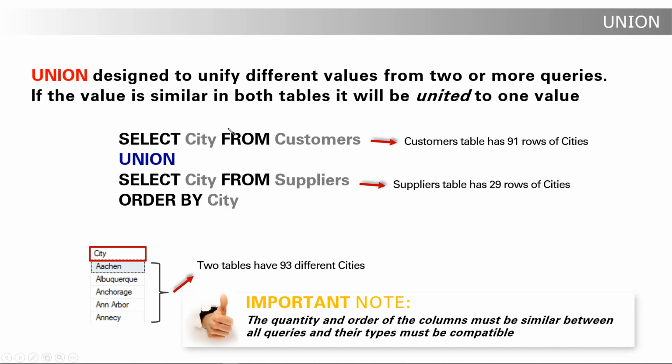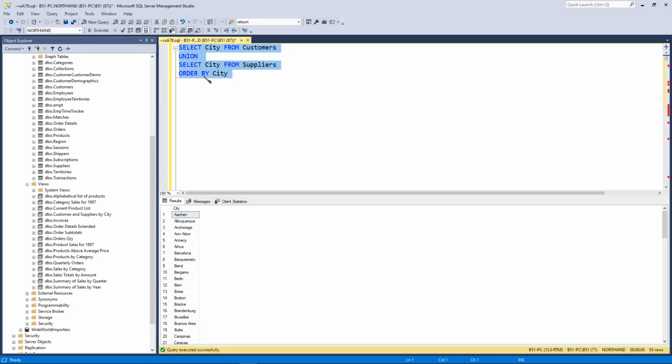If we have only city in the customers, we can't have city and last name here, because it will not union together. It can't be two columns here and one column there. It can't be done. So we must have the same number of columns and the same order in both of the queries. Let's see it in the SQL Server.